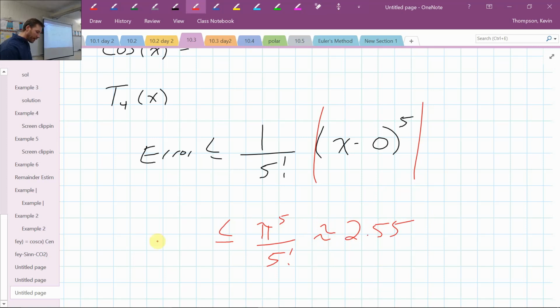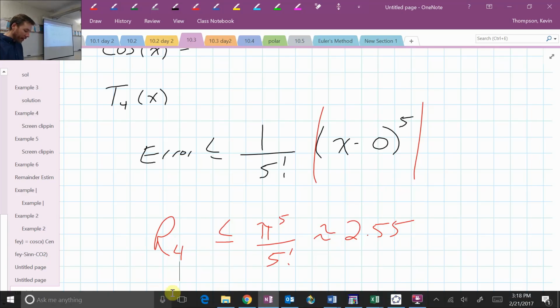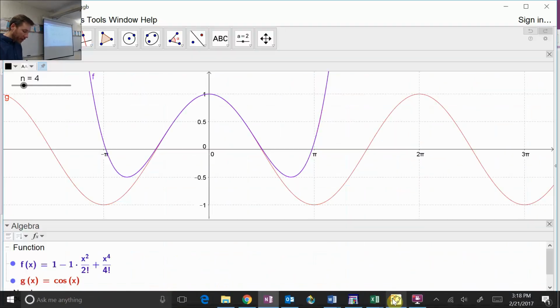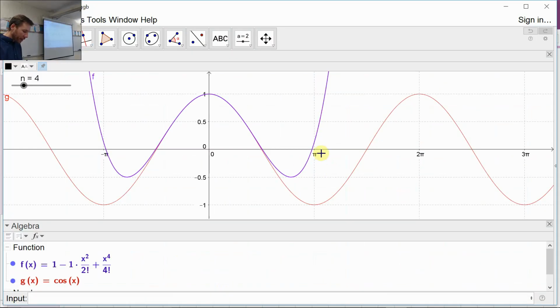So it's really r sub 4 because it's the error that's corresponding to that. Now, what that means is if I go back here and look at this, the answer we're getting for the polynomial, if I think about plugging in pi to the polynomial, it'd be about that y value.